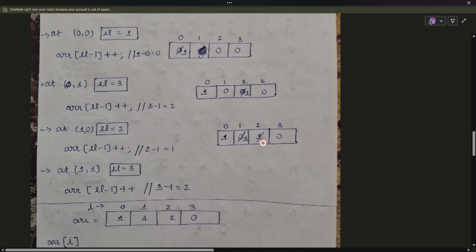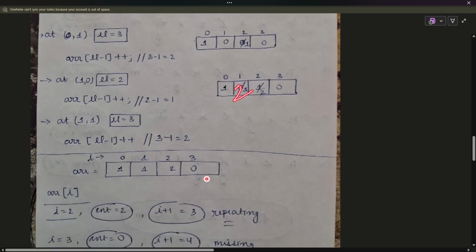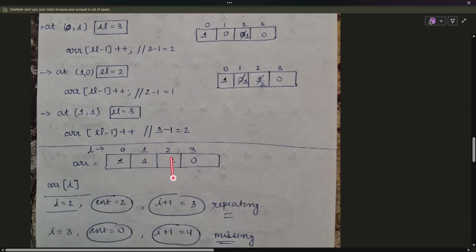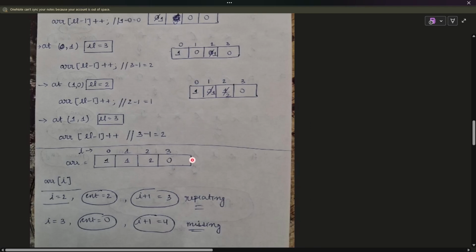So there is a problem, the 2 should be here. Sorry for that, I miscalculated it. It will be 1 and this will be the 2. This will be 0.